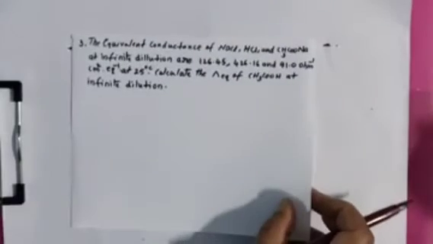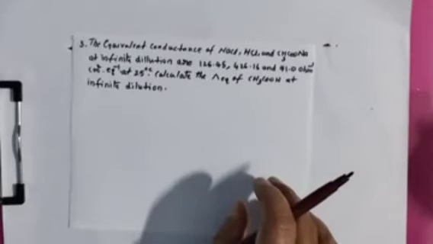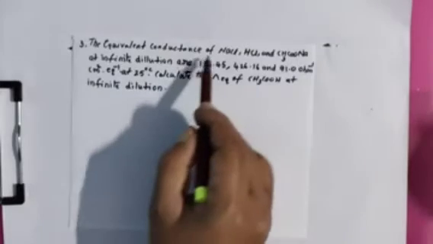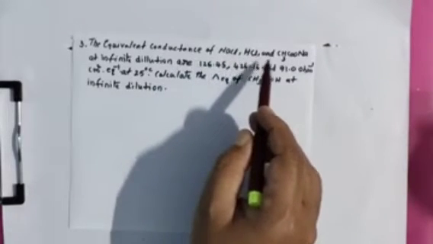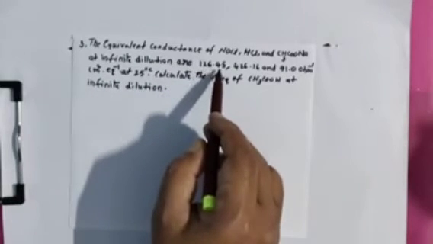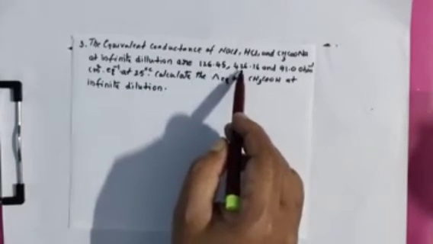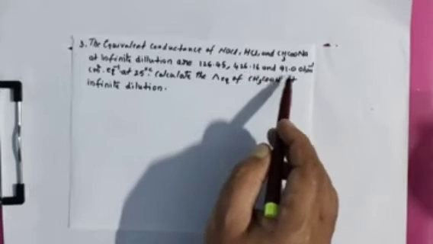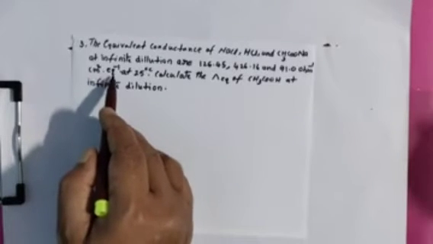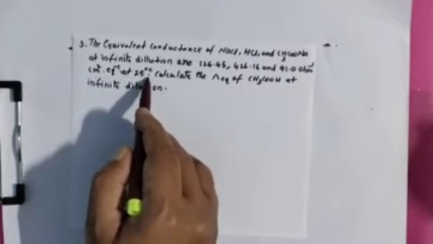Next we have another problem, problem number 3. Look here, another problem they have given. The equivalent conductance of NaCl, HCl and sodium acetate at infinite dilution are 126.45, 426.16, 91 ohm meter inverse centimeter square equivalent inverse at 25 degrees Celsius.